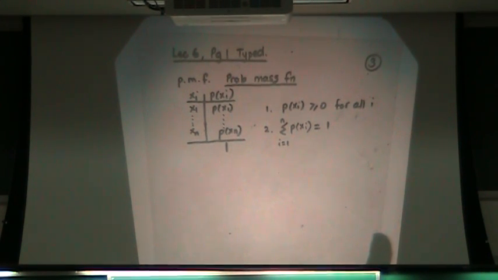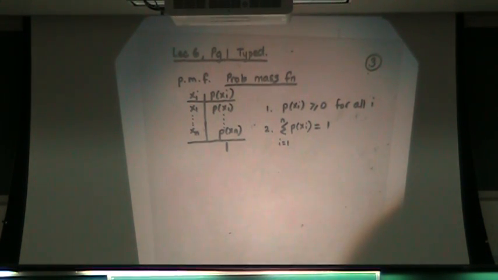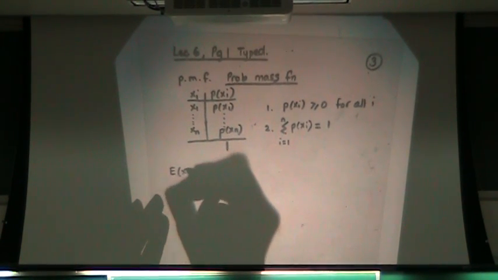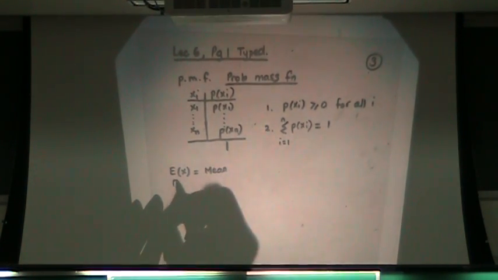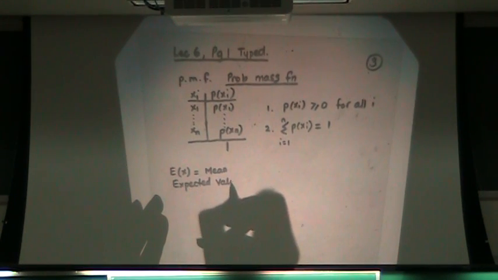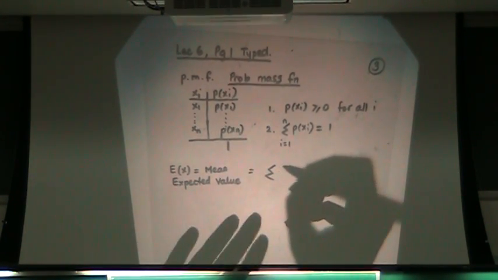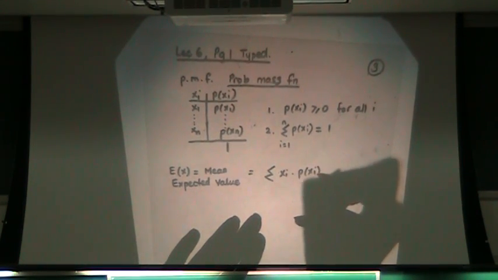I would like to talk about the formula on the bottom of page 1, which is the expectation of a random variable X. So let's define that. E of X is the mean, or the expected value, and is given by the following formula: summation of x_i P of x_i.